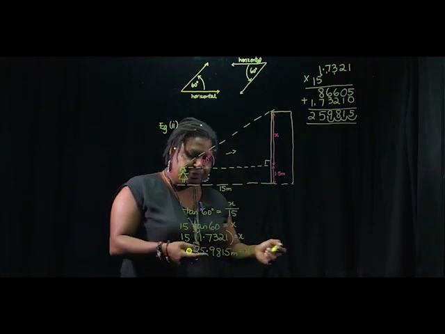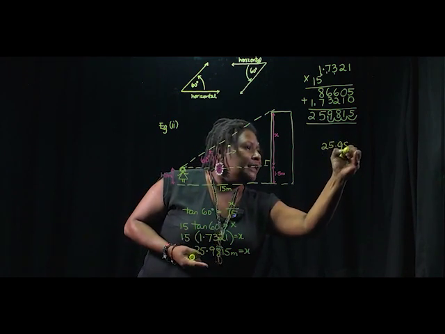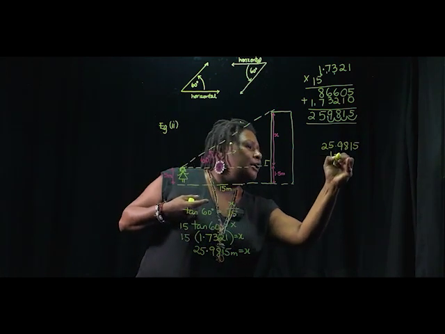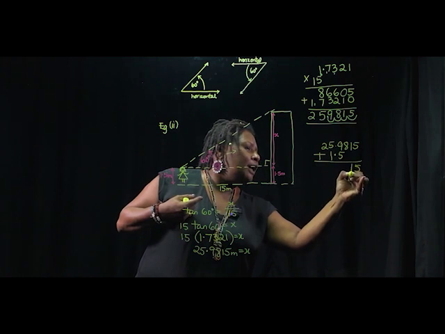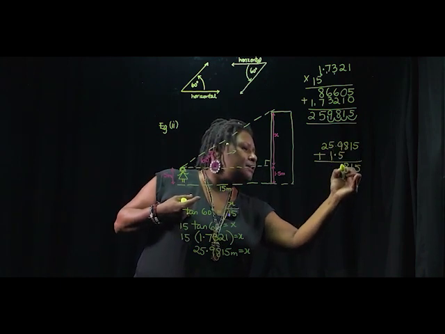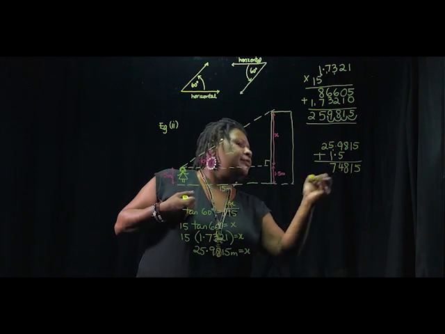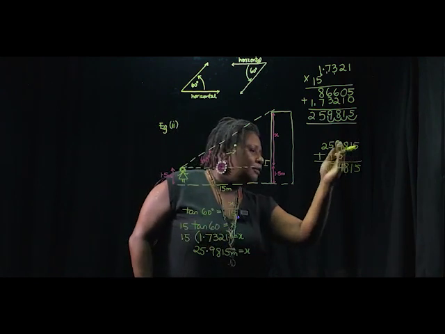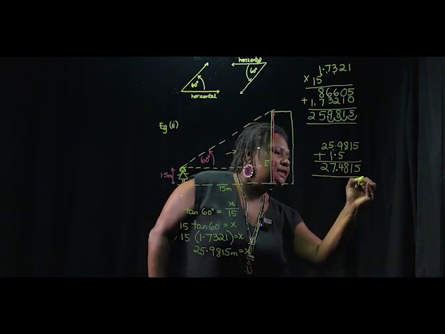So 25.9815 plus 1.5. 5, 1, 8. 9 plus 5 is 14. Carry 1. 5 plus 1 is 6, plus another 1 is 7. And we have 2. Again, 4 decimal places, we're simply moving it down into the answer here.